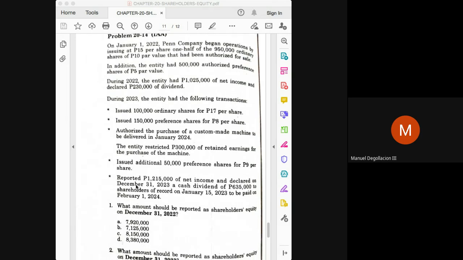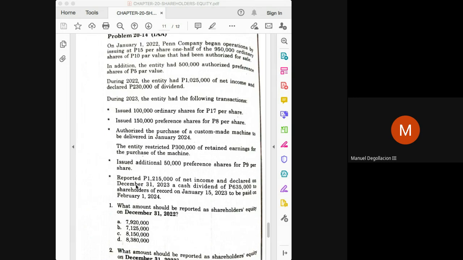Okay, let's proceed to problem 20-14. Questions here: what amount should be reported as shareholders' equity on December 31, 2022? And what amount should be reported as shareholders' equity on December 31, 2023? So what's happening in this problem?